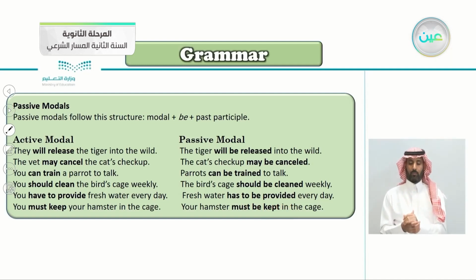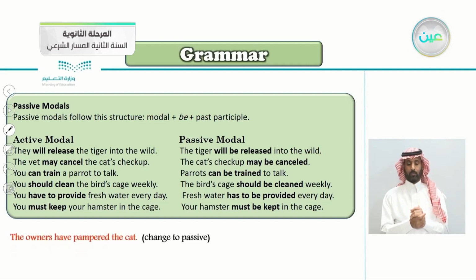So this is how we change an active modal to a passive modal. We begin with the object, then we put the structure, the modal plus be plus the past participle, then we continue our sentence. So: the owners have pampered the cat. Change this into passive. So what's the object here?